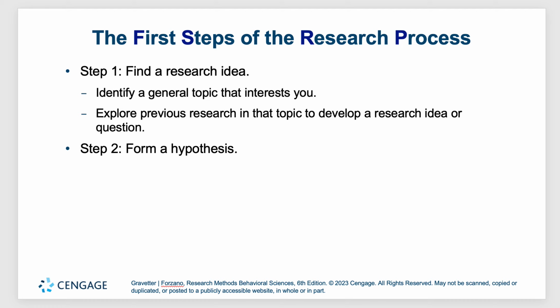And so that's that second part, exploring previous research, so that you can develop your idea, answer a question, find out where questions remain, find out what's already known and what isn't known on that topic, and get an idea of what your question or idea is going to be, so that you can then form a hypothesis from that.